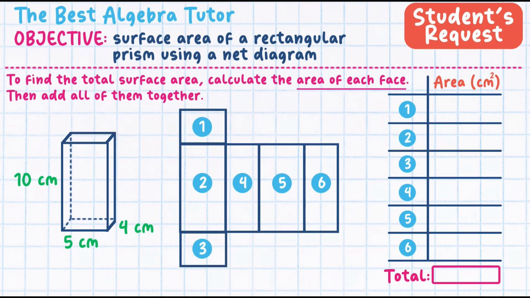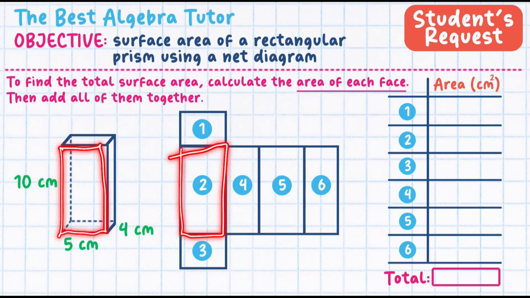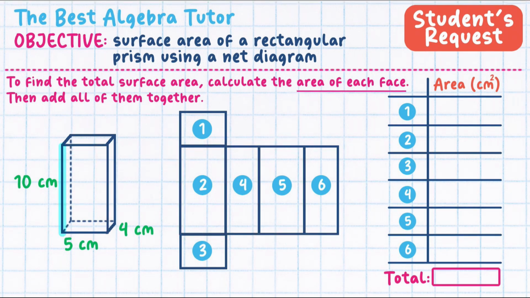To make this process easy, I'm going to color code the dimensions of my 3D shape corresponding to my net. I'm going to start with the largest face, which corresponds to my number 2 and my number 5. So we have this side, this side.